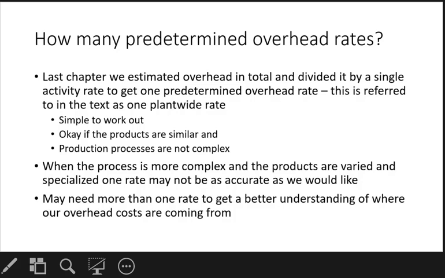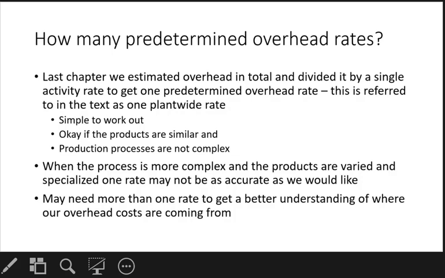So it's pretty simple. You put everything in one pile, okay? You only have one cost driver that you need to come up with, or activity that you need to come up with. And the math is relatively easy. You don't have any real classification. You don't have to go through all your overhead and try to break it into smaller pieces.